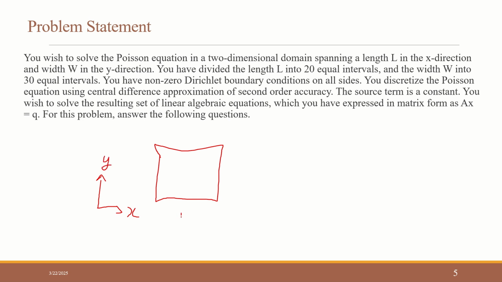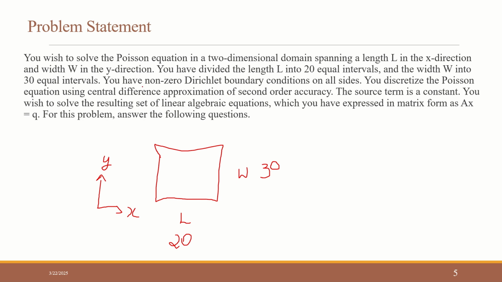So in x we have length L into 20 equal intervals and width W into 30 equal intervals. And we are applying non-zero Dirichlet boundary condition on all sides. What is Dirichlet boundary condition? We are giving the value to the variables. For example, if it is some temperature related problem, we are giving the value of temperature on all the sides, which are non-zero values.